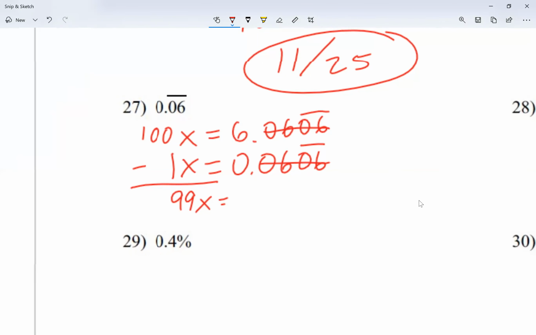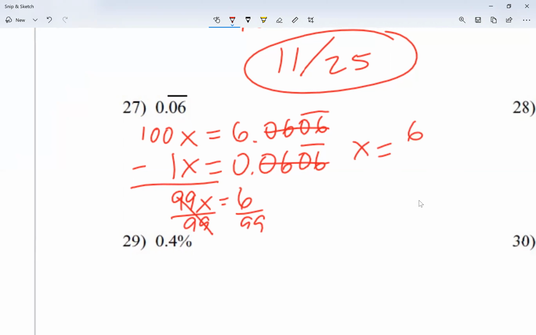And I'm just going to subtract 6 minus 0 is 6. So now I have 99x is equal to 6. Let me divide both sides by 99 to get the x by itself. So I get that x is equal to 6 over 99. Nice. I have it as a fraction now. I needed to finish this as a fraction.